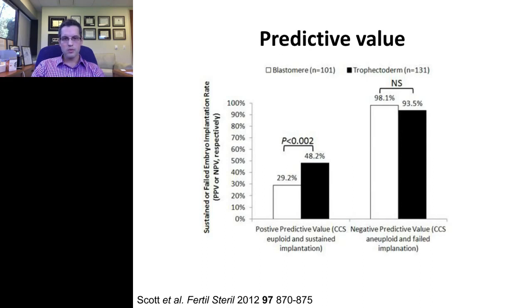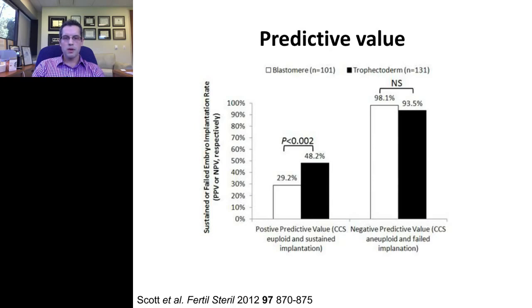That data is shown on the right, the two bars on the right. The white bar indicates the negative predictive value when looking at blastomeres, and the black bar indicates the negative predictive value of looking at a trophectoderm biopsy, both of which were high. So we could successfully predict the negative outcome.